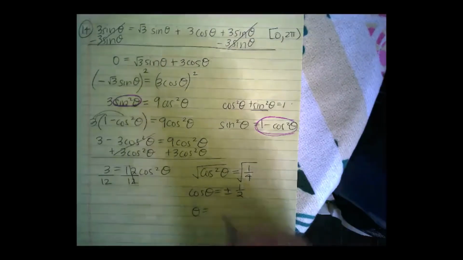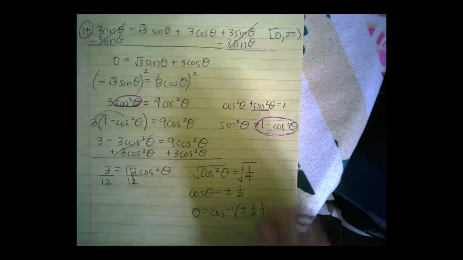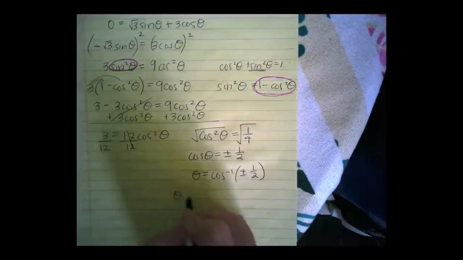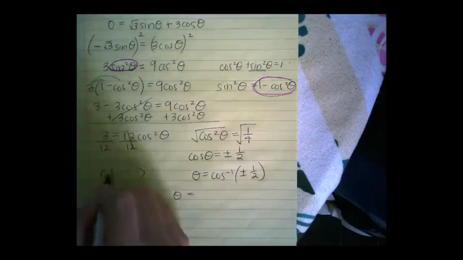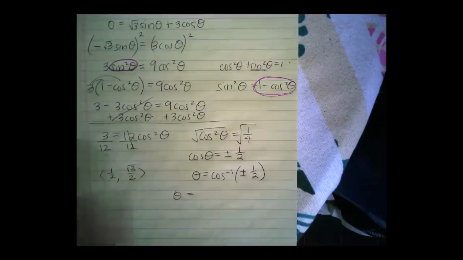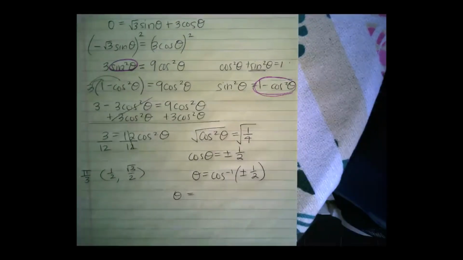The theta then is going to equal the inverse cosine of plus or minus 1/2. What angles on the unit circle have x coordinates of positive or negative 1/2? So we're looking for coordinates that have a 1/2, so we know the square root of 3/2 has to be the y coordinate. This pattern is 60-degree angles. That's pi over 3.